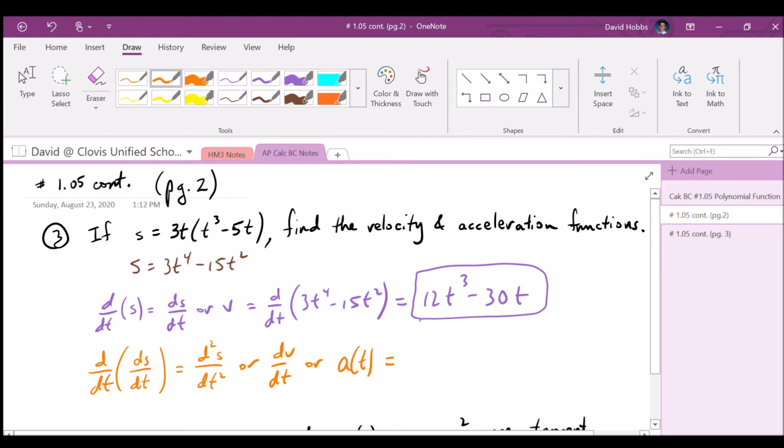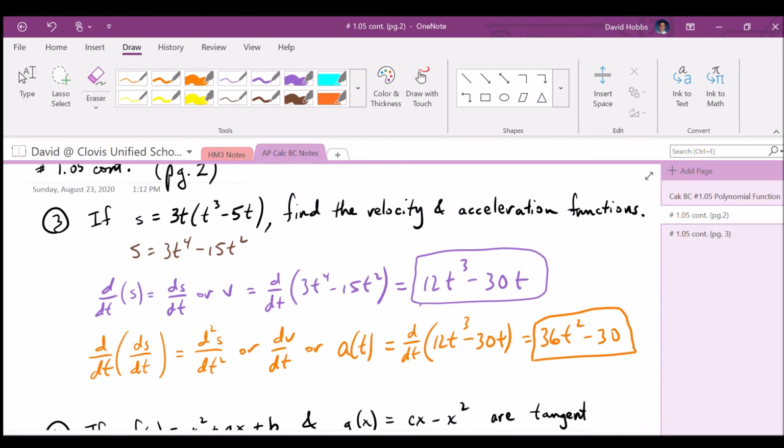You can write a of t, or just a. So we're taking the derivative with respect to time of 12t to the third minus 30t, which is 36t squared minus 30. And so there's the acceleration function for that situation.